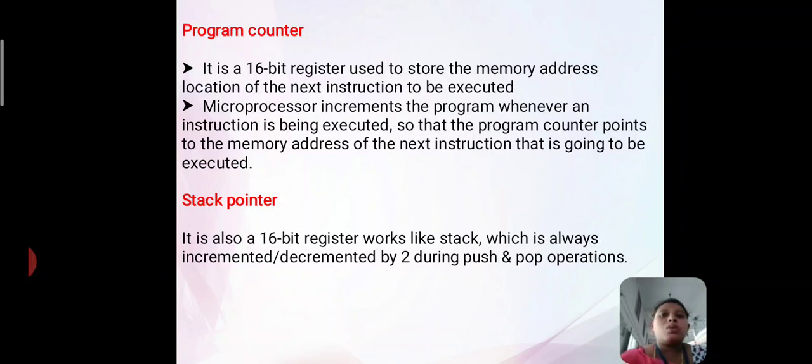Next, program counter. It is a 16-bit register used to store the memory address location of the next instruction to be executed. The microprocessor increments the program counter whenever an instruction is being executed, so that the program counter points to the memory address of the next instruction that is going to be executed.